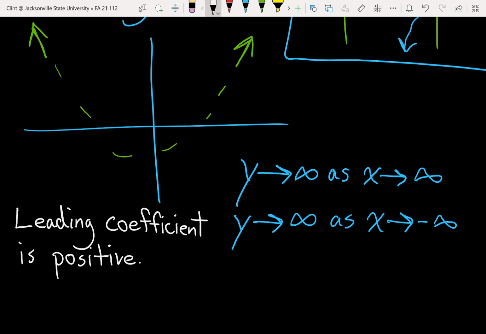That's like with x squared, right? Our leading coefficient there would be 1. That's positive. So then we get that parabola where both ends go up.